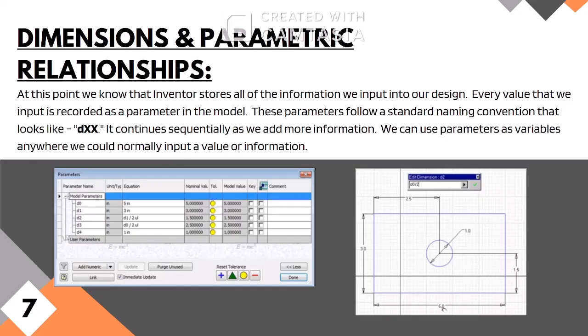It automatically starts at D0 whenever we place our first dimension, and it just goes up from there. So D0, D1, D2, so on and so forth. And we can use these within other dimensions or other creation commands. Anywhere that we can input information, we can use parameters to fill that information out, which makes a parametric modeling program very, very powerful.